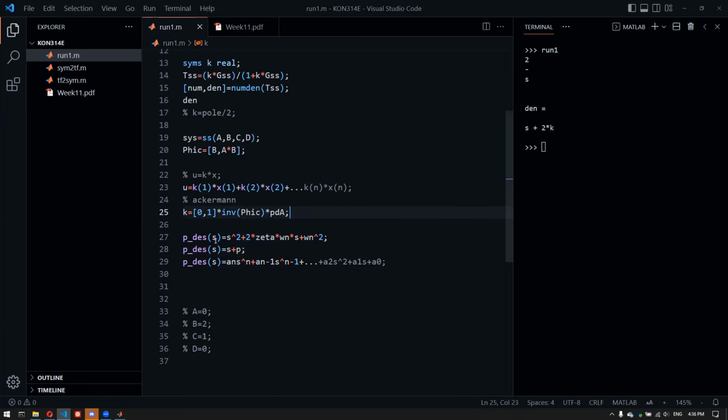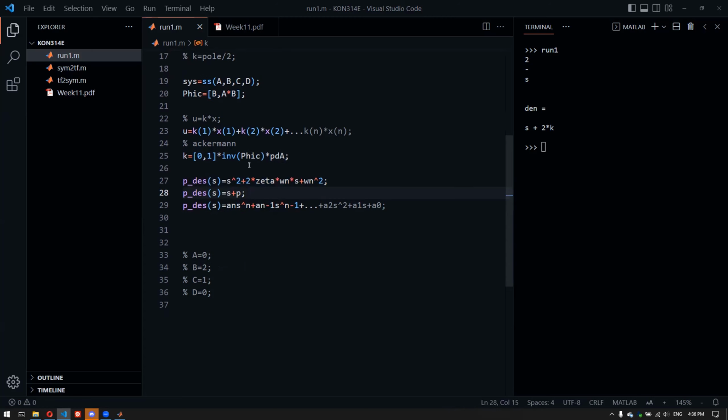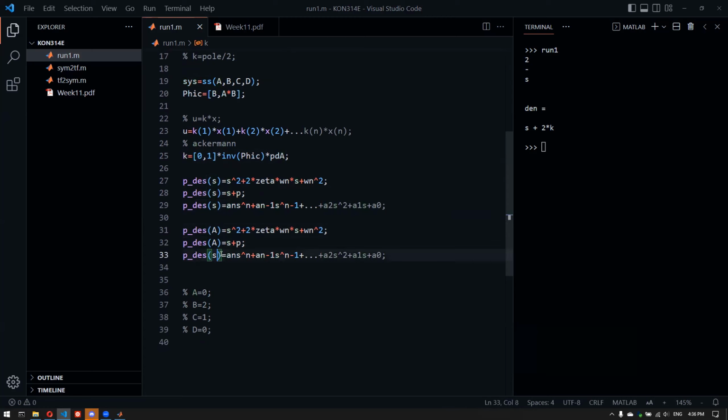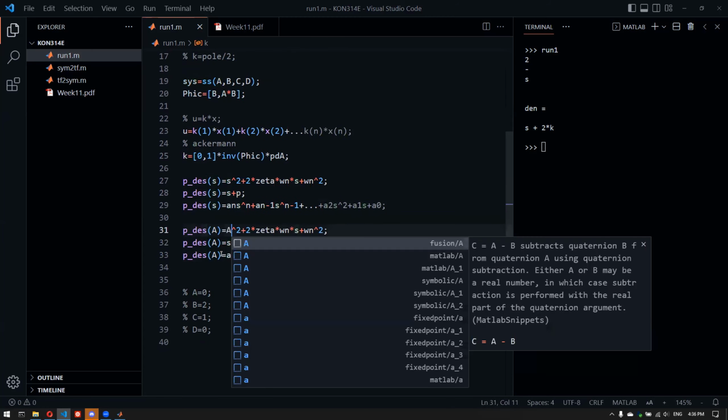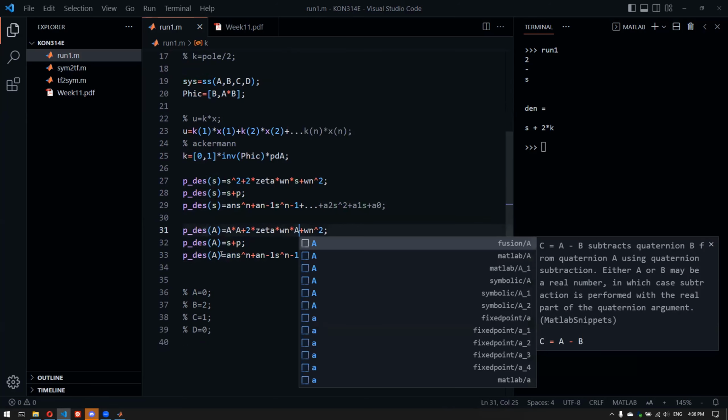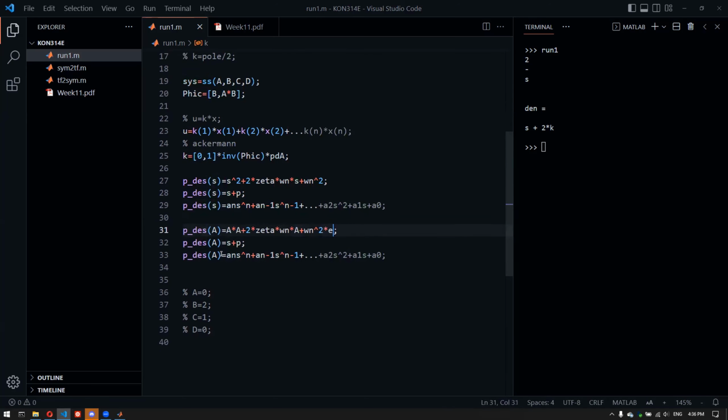So if the system is a second order one, you have to choose a second order polynomial, because otherwise it doesn't make sense. It is called PDA for a reason, because we will substitute the matrix A into this polynomial. So it's basically going to look like this: PDA of A would be A squared plus 2 times zeta times omega n times A, plus omega n squared times the identity in this case.